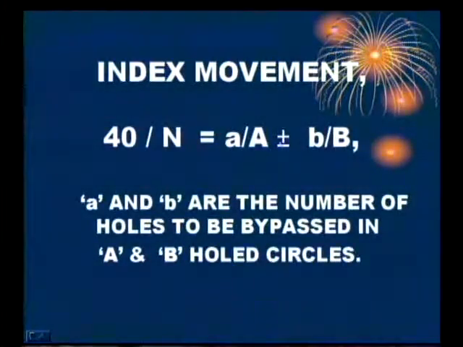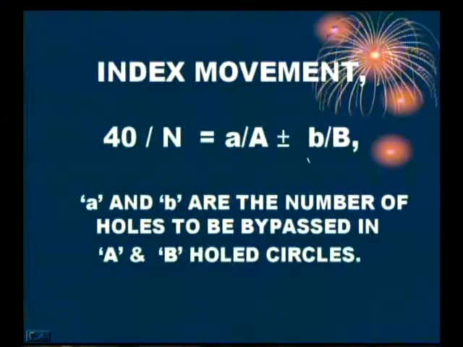This second stage rotation may be positive or negative, that is why it is a by A plus or minus b by B. So if n is the number of divisions required, 40 by n is to be reduced in this fashion, a by A plus or minus b by B.